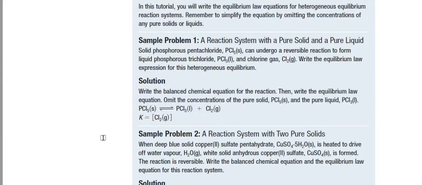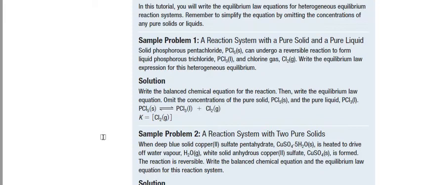Now for tutorial sample problem 1, a reaction system with a pure solid and pure liquid. Solid phosphorus pentachloride, PCl5(s), can undergo a reversible reaction to form liquid phosphorus trichloride, PCl3(l), and chlorine gas. Write the equilibrium law expression for this heterogeneous equilibrium.